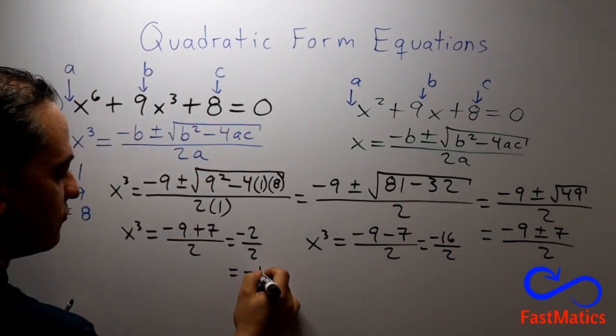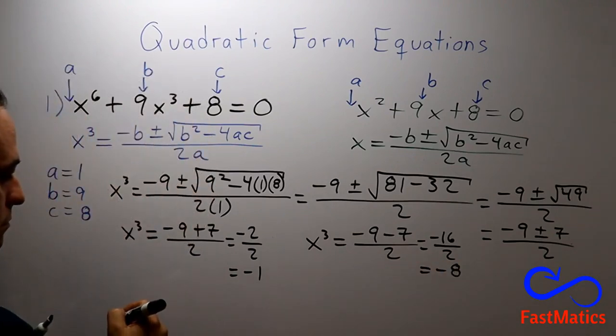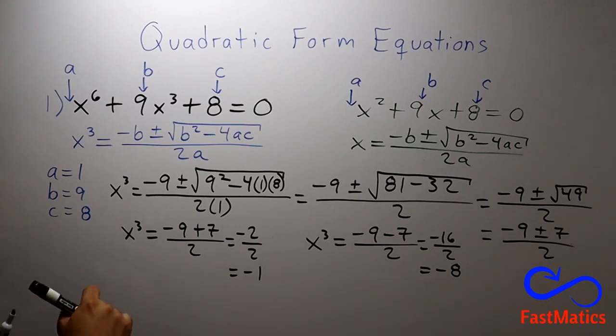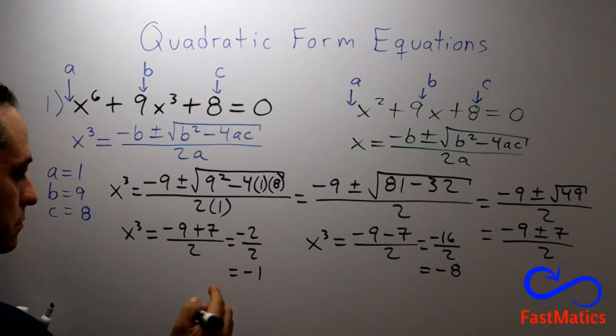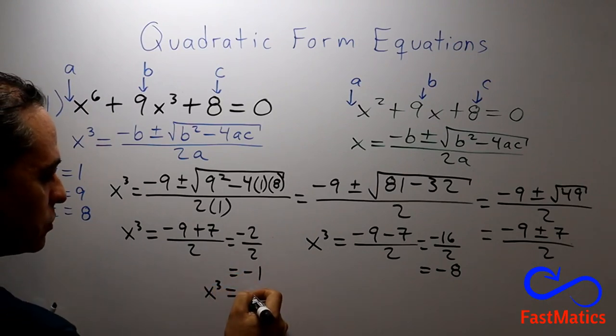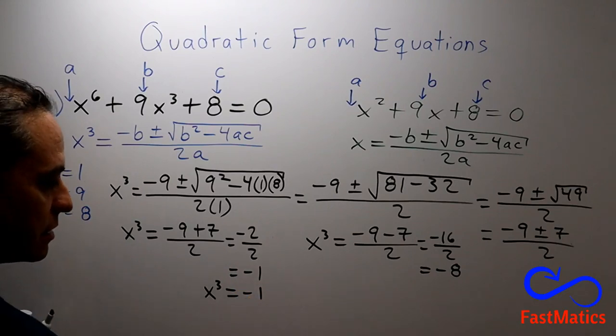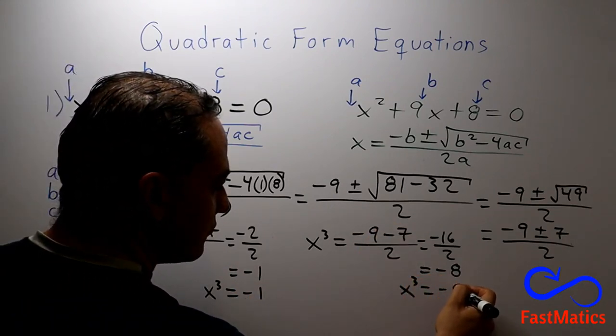So negative 1, and negative 8. That is, here we have x to the power of 3 equals negative 1, and here x to the power of 3 equals negative 8.